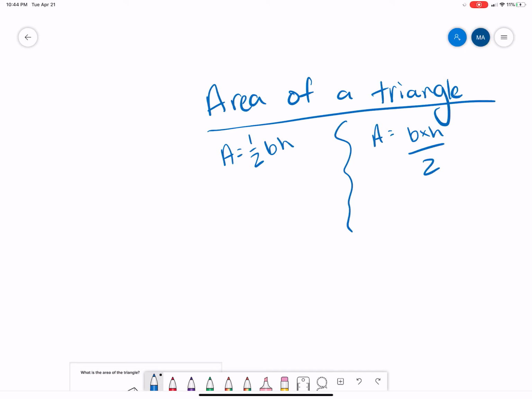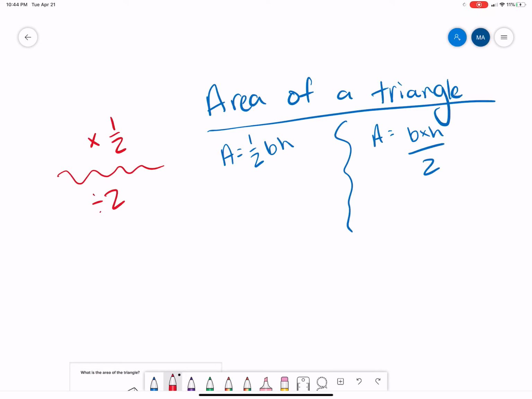So two different ways. It's the same exact thing, because I want you to understand that multiplying by 1/2 and dividing by 2 is the same thing. I would rather divide by 2 than multiply by a fraction.